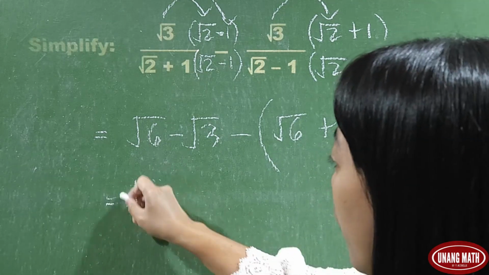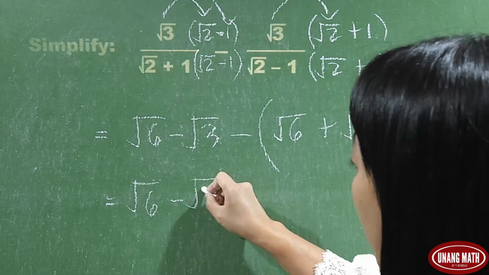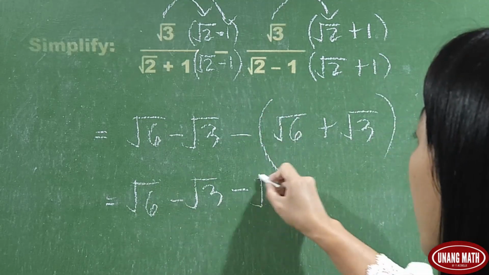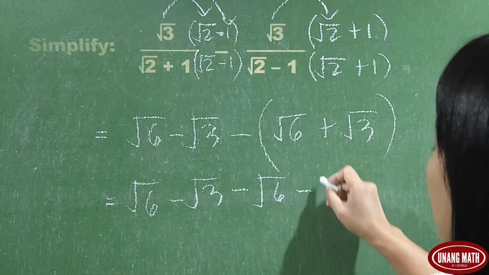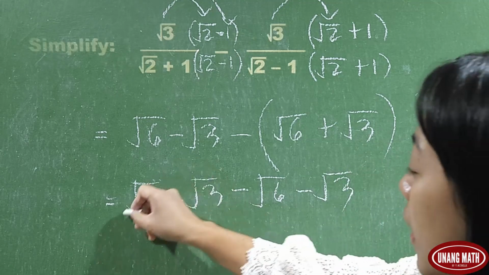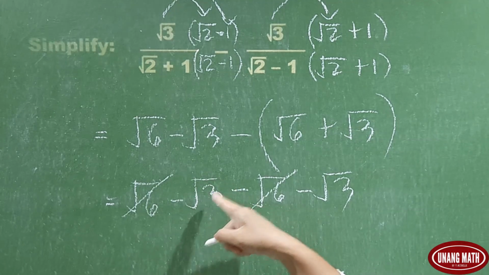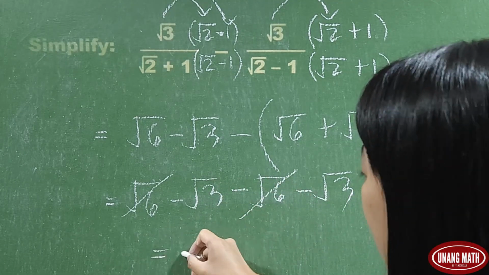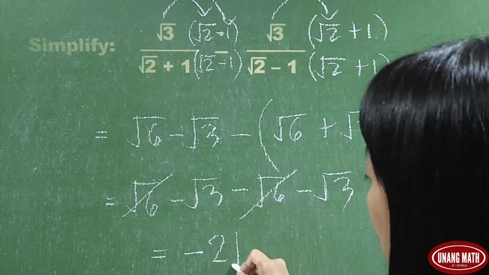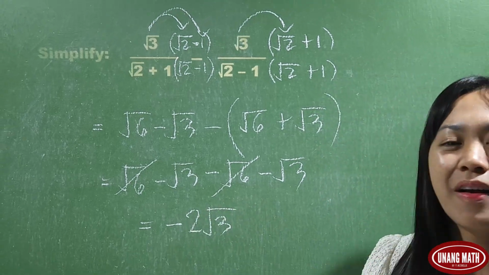So this is then square root of 6 minus square root of 3 minus square root of 6 minus square root of 3. Okay, if we simplify, then we have here negative square root of 3 minus square root of 3, then this is equal to negative 2 square root of 3.